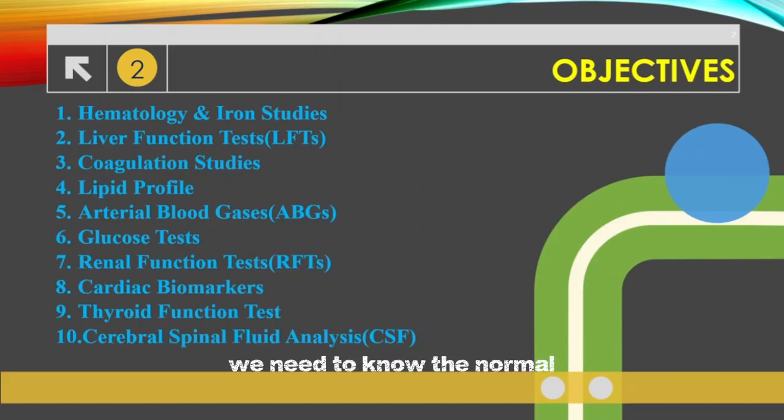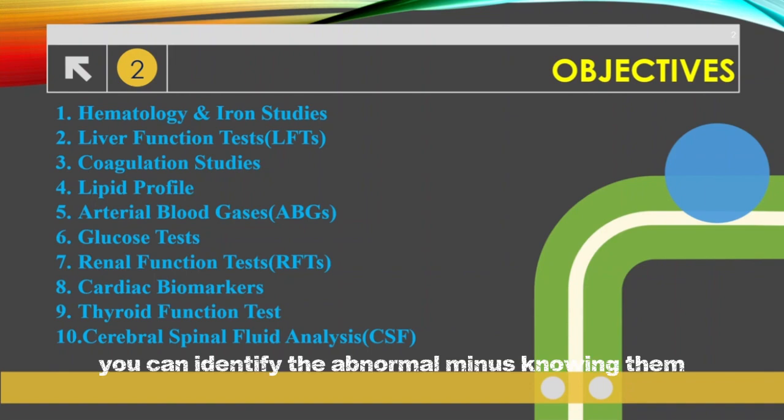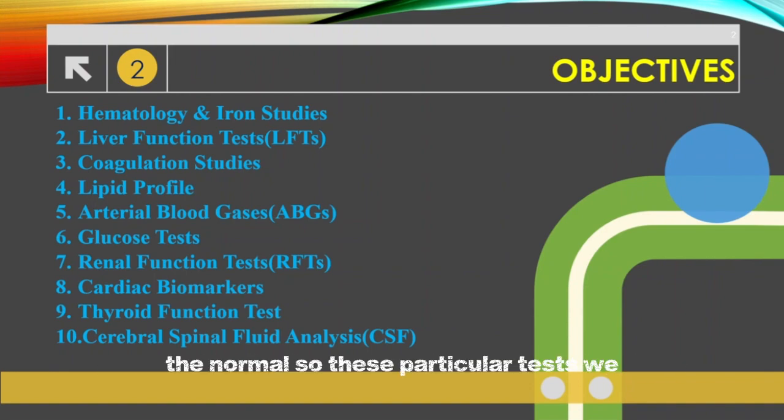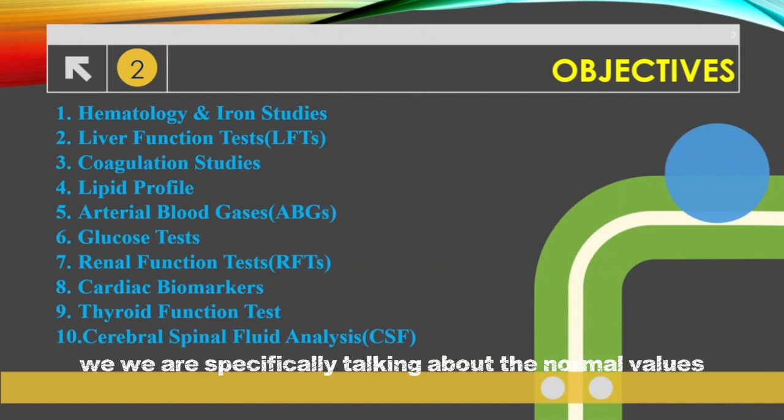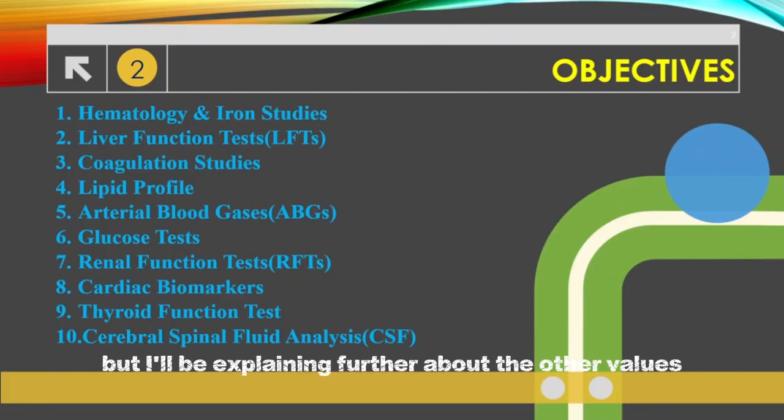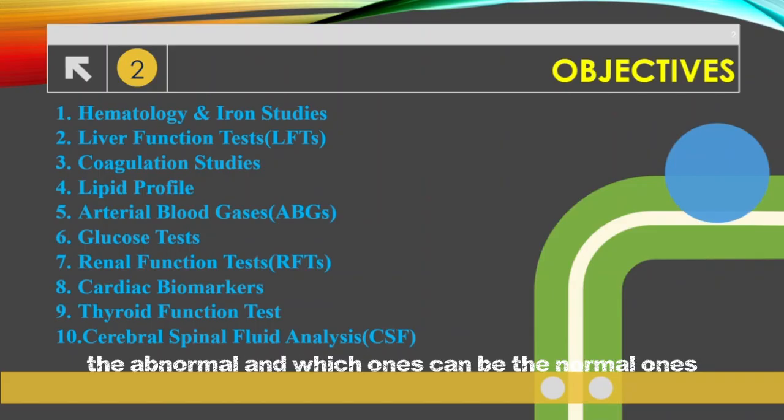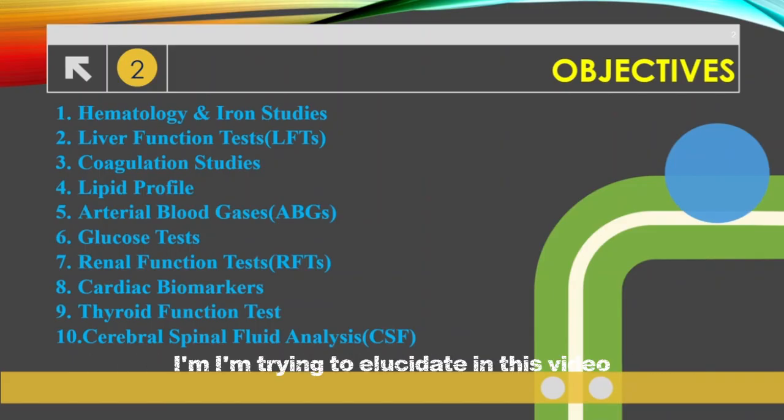We need to know the normal for us to identify the abnormal. In layman's terms, there's no way we can identify the abnormal minus knowing the normal. We are specifically talking about the normal values, but I'll also be explaining the abnormal ones. That's what I'm trying to elucidate in this video.